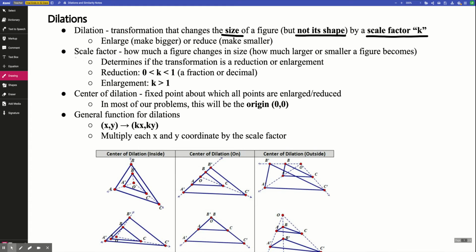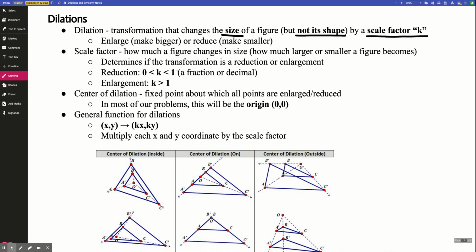Okay, so the actual definition of scale factor is how much a figure changes in size. It gives us a value for how much bigger or smaller a figure becomes. Maybe it becomes twice as big, or 3.5 times as big, or a third as small, or something like that.